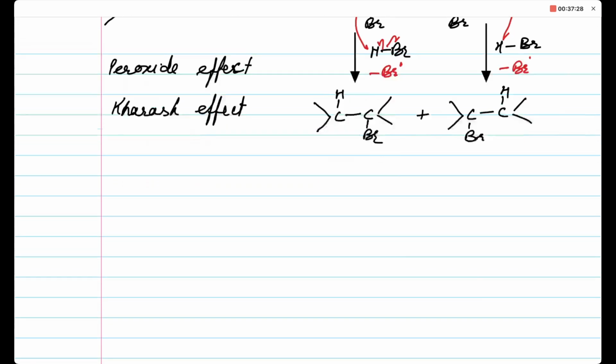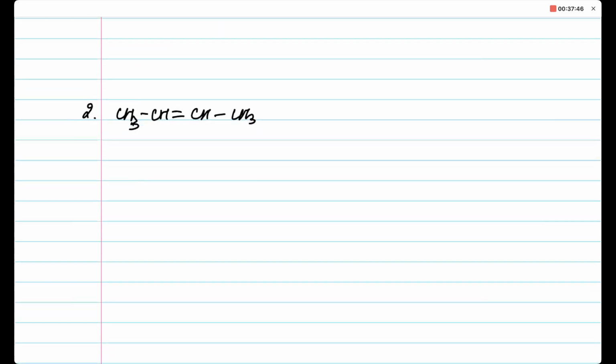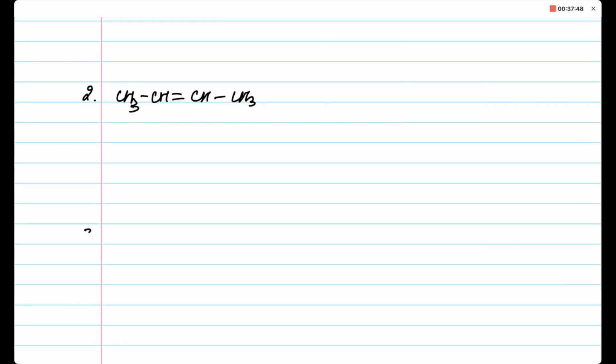So again, we are going to have the same reactants as before. That is, we have the reaction with CH2 double bond CH2. We have the reaction with CH3, CH double bond CH, CH3. We talk about the reaction with CH3, CH double bond CH, benzene ring.